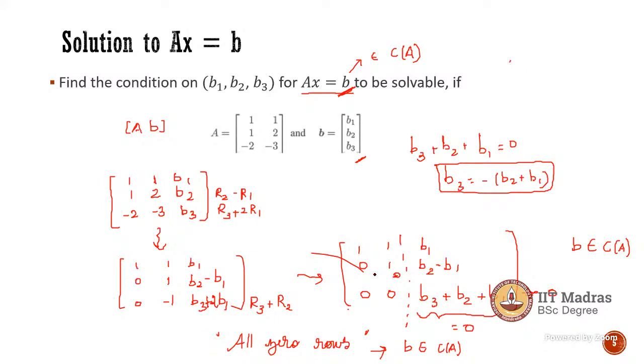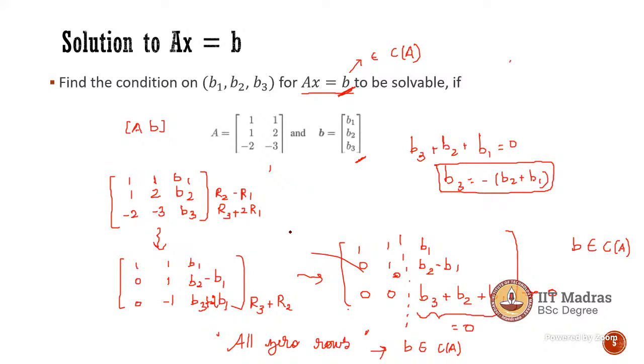Yeah. So if A has rank 1, and after augmenting, it is still rank 1, then these two have the same rank, in the sense that the first column will only be the pivot column. That is also one way of expressing. Okay. If you get a different rank, then it's not solvable. It is not solvable. Right.